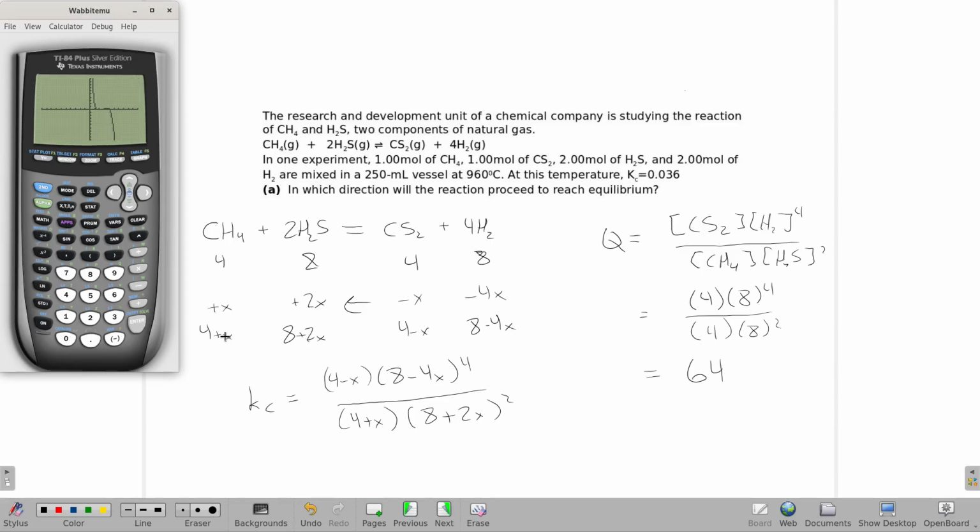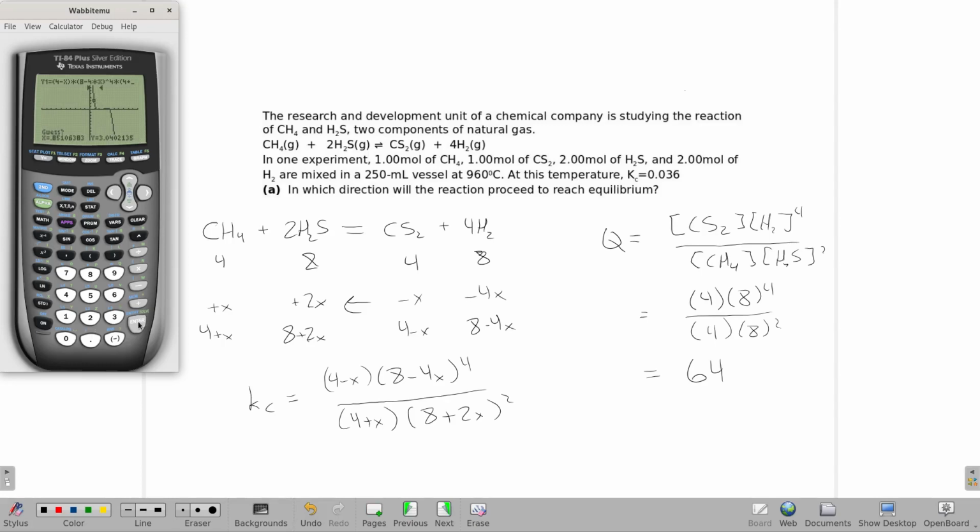I know my x value is somewhere between 0, as in doesn't go forward, and the largest it could be is 2, because if this is 2, this goes to 0. So I'm going to calculate a zero between a value of 0 and 2, and I'm going to back up here and put my guess back.